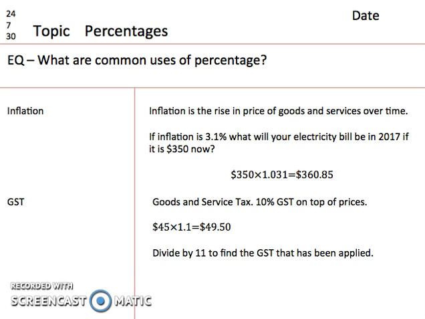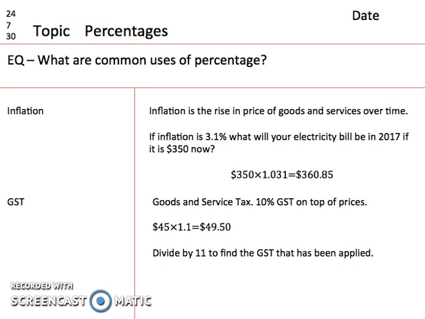Some of the questions you will be asked, however, will ask you to find out what the pre-GST amount is after you've been given the price of an item with GST already applied to it. If you are asked to do that, all you do is divide that amount by 11.